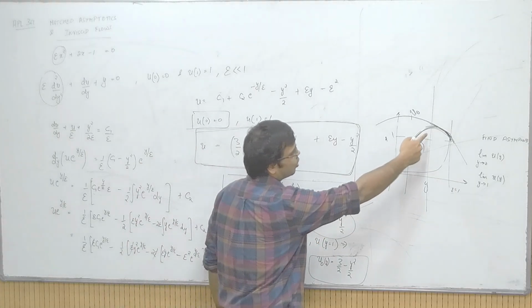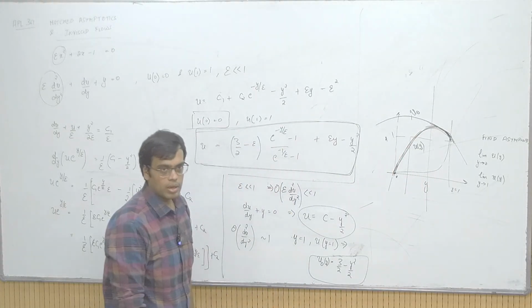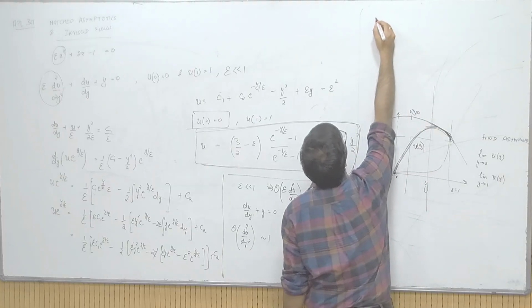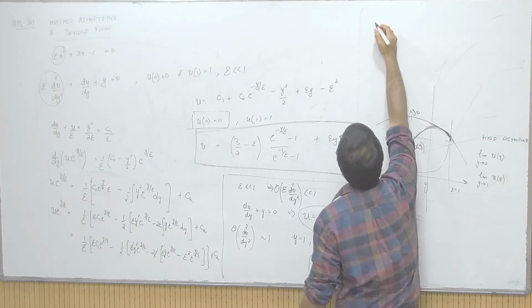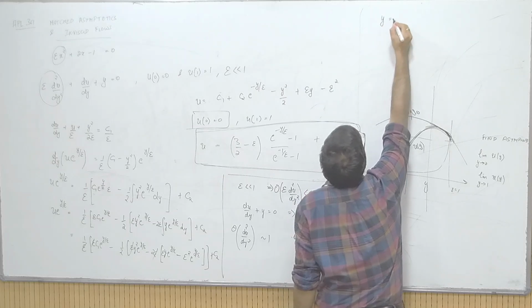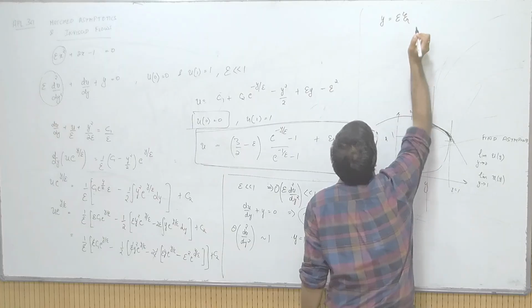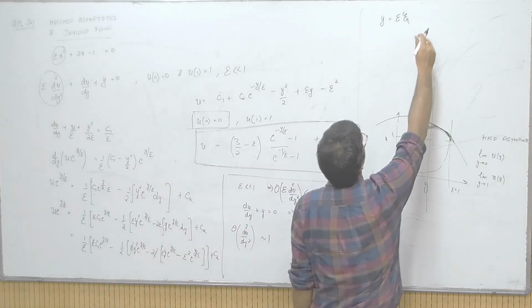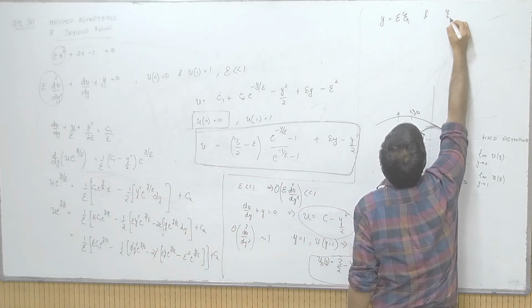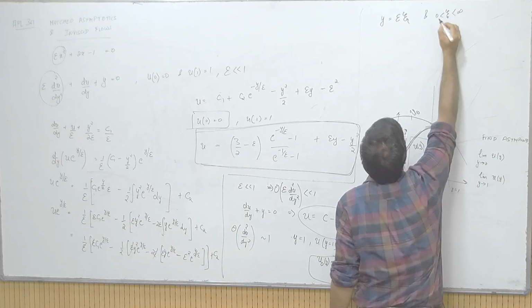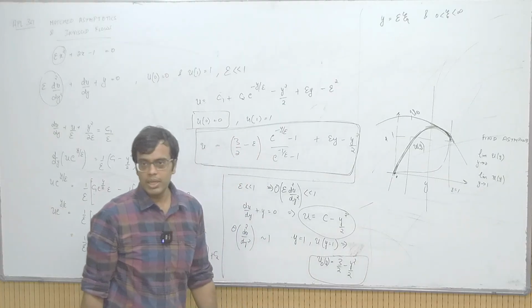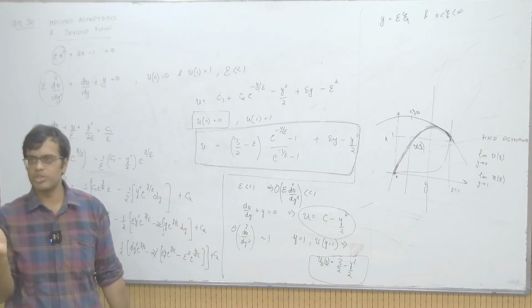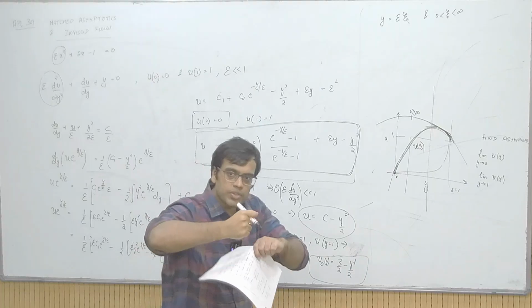What can we do close to this y equal to 0 boundary? And the reasoning goes something like this. Instead of taking y as our independent variable, I will say y equals some epsilon times c. By claiming that c is greater than 0 and less than infinity, I am claiming that y is a coordinate which is varying from 0 to some small value, but c is a coordinate which is stretching it.